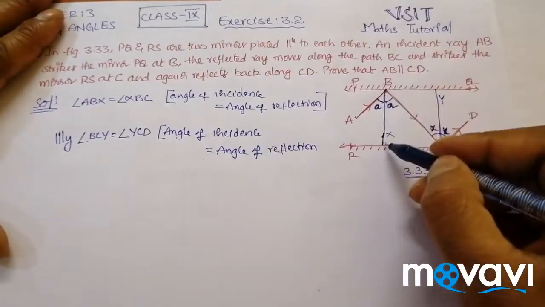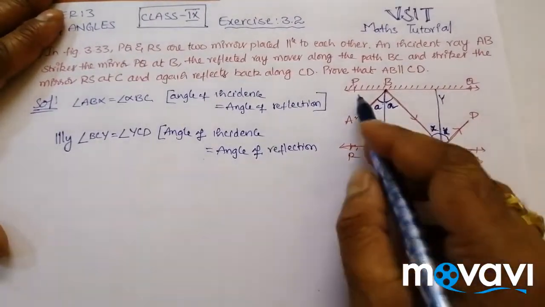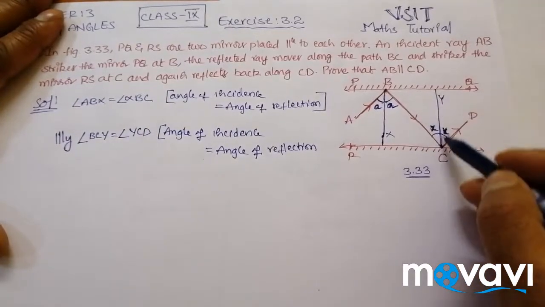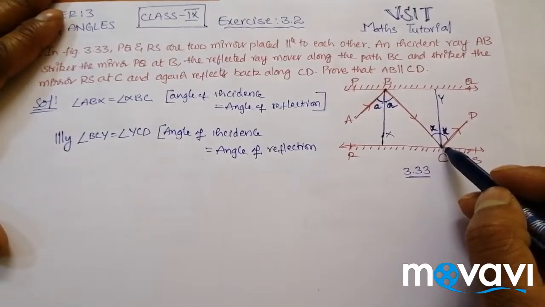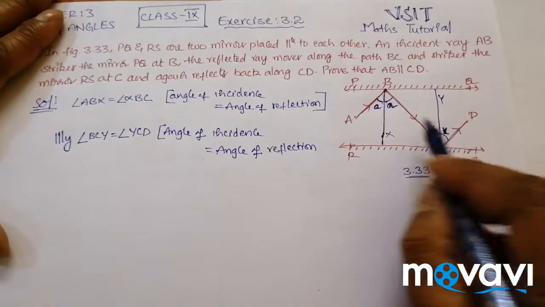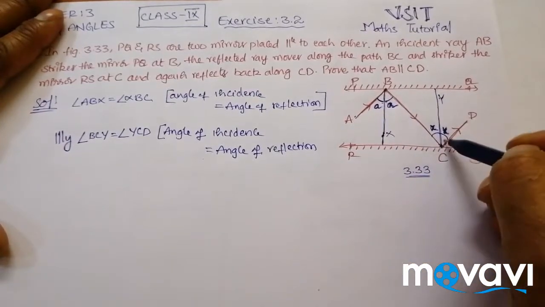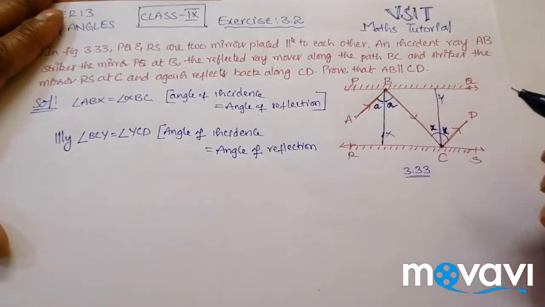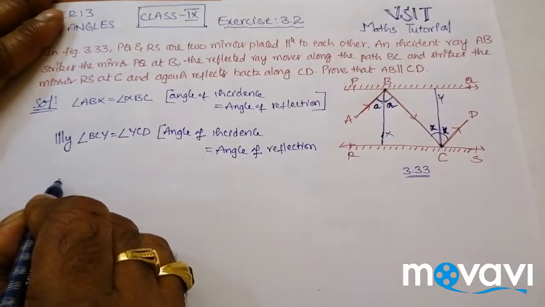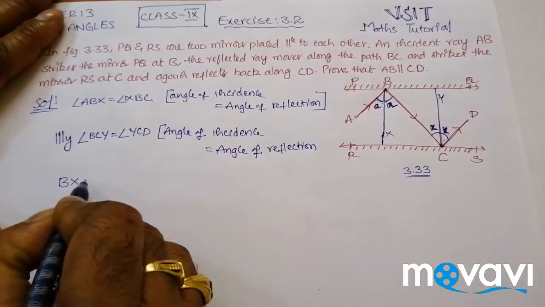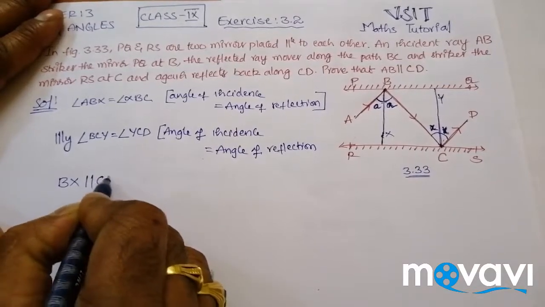Now see, this is a line perpendicular to RS and PQ, and this is also a normal perpendicular to RS and PQ, where YC is parallel to BX. So we can write BX is parallel to CY.